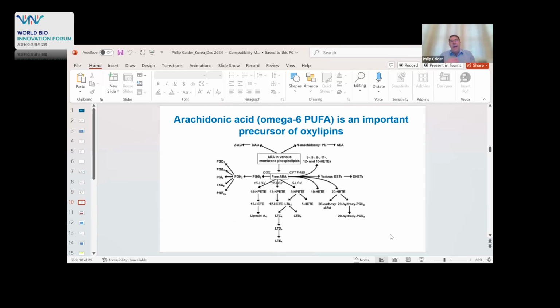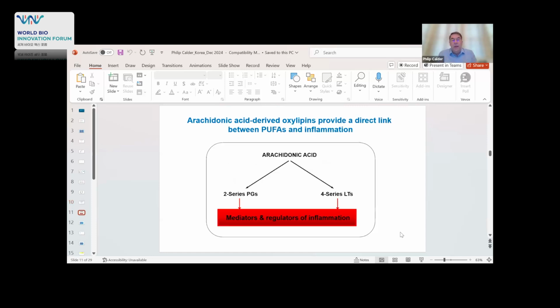And of course, there are many anti-inflammatory pharmaceuticals that target arachidonic acid metabolism, including aspirin and other non-steroidal anti-inflammatory drugs, and specific enzyme inhibitors like the COX-2 inhibitors. So mediators produced from this omega-6 fatty acid are intimately involved in inflammation. They act as mediators and regulators of the inflammatory response.